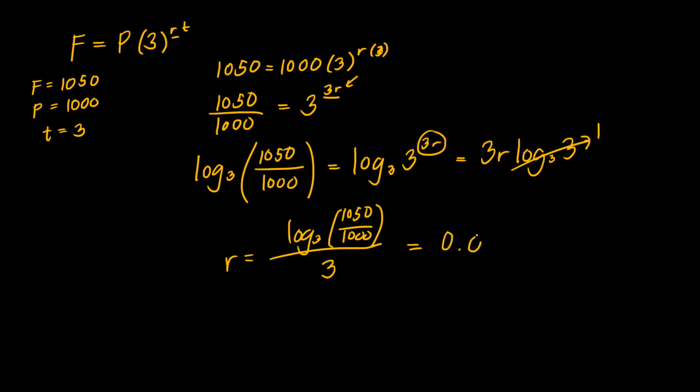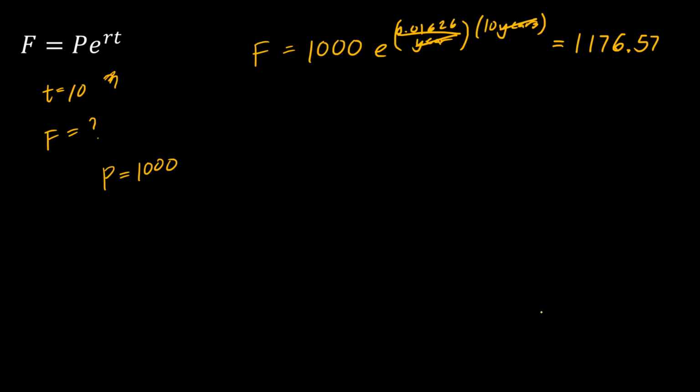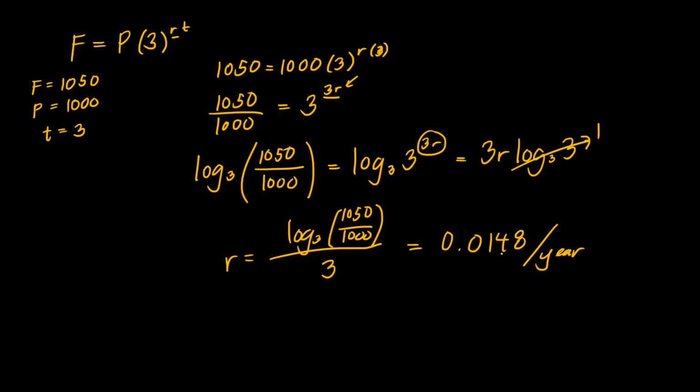So the value of r here is 0.0148 per year. If you remember the value of r using base e, this is almost near, right? That is 0.01626, and this one is 0.0148.